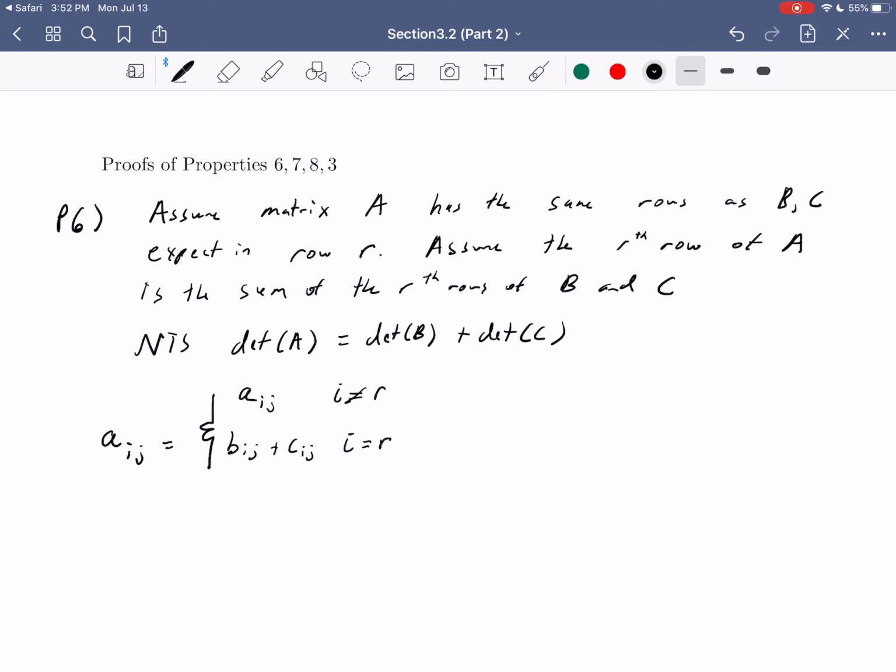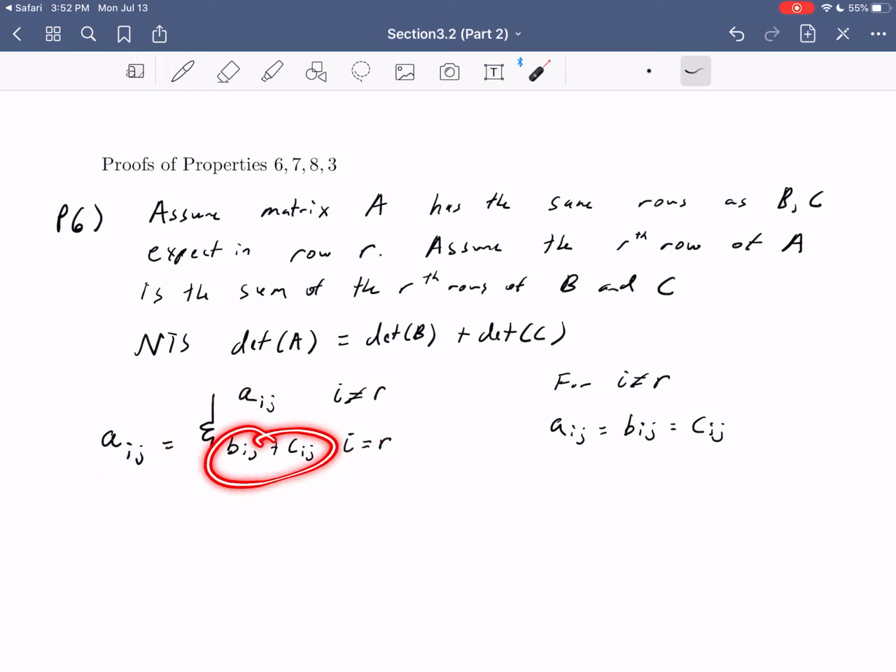And we're going to make a note that for i not equal to r, Aij equals Bij equals Cij. So if we're in any row other than the rth row, the elements are identical. And if we're in that rth row, then for A, it's the sum of the rows from B and C.